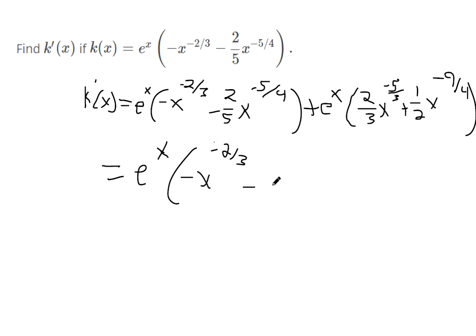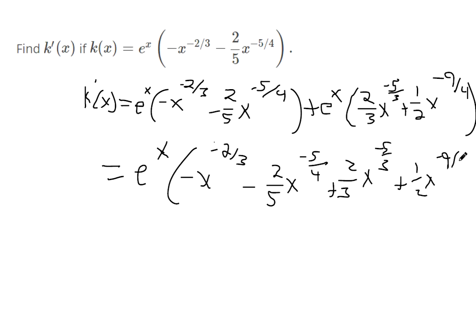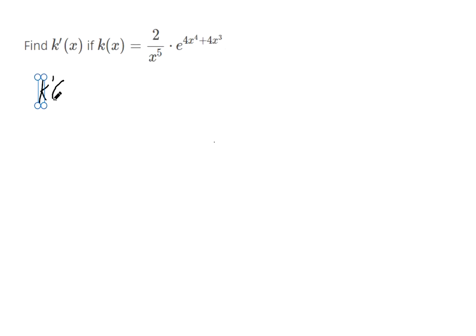And then we got 2/5 x to the negative 5/4, and then plus that 2/3 x to the negative 5/3 plus 1/2 x to the negative 9/4. Okay, I think we're done now.